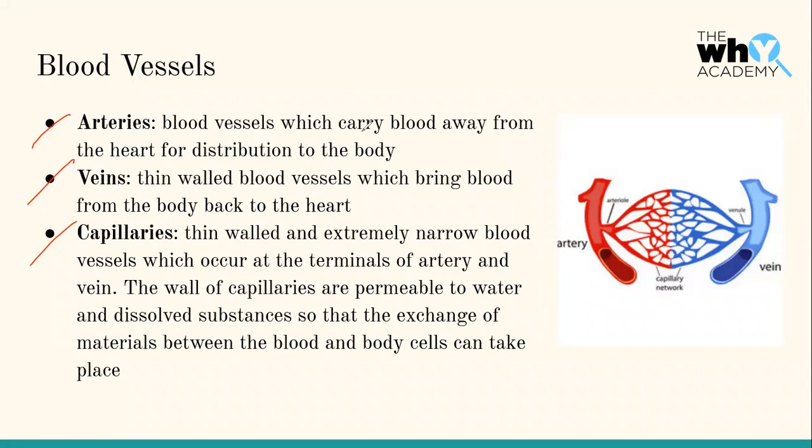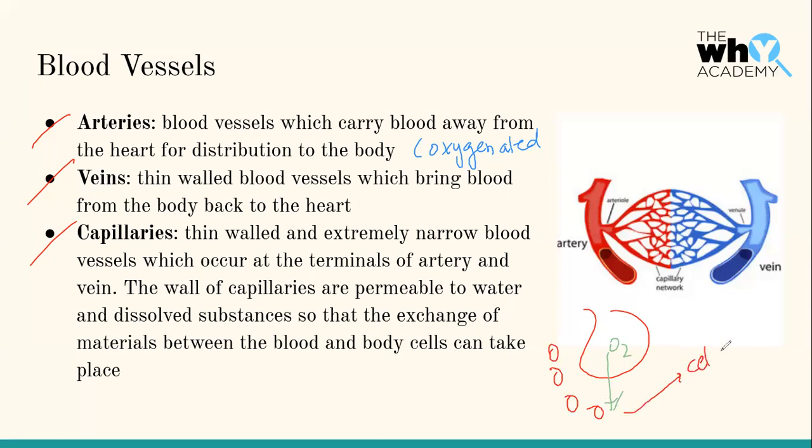Usually arteries carry oxygenated blood. We discussed at the alveoli that oxygen is diffused into the blood cells. So these blood cells which have oxygen are passed to the other cells in the body.